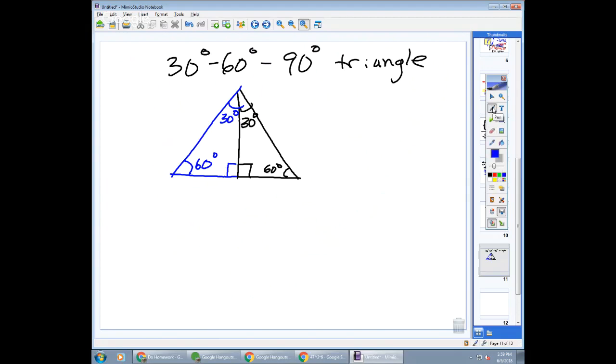I'm going to say the diagonal, I'll say the diagonal was 1 unit long. So this side right here has to be 1 unit long because that's the same diagonal. And what can you tell me about this bottom length right here?